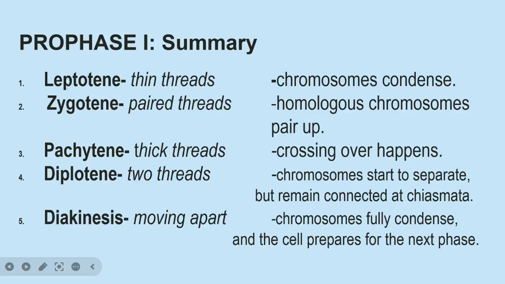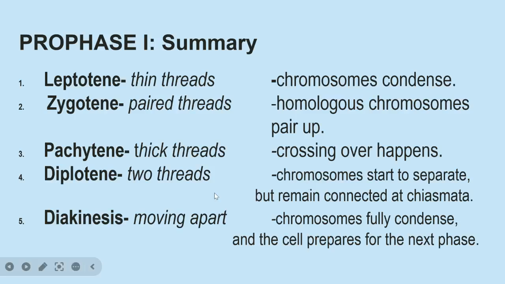Ayan po, to summarize, the leptotin, zygotin, pachyotin, diplotin, and diakinesis. In the leptotin, chromosomes condense. In zygotin, homologous chromosomes pair up. In pachyotin, where the crossing over happens. In diplotin, where the two threads, chromosomes start to separate but remain connected at chiasmata.